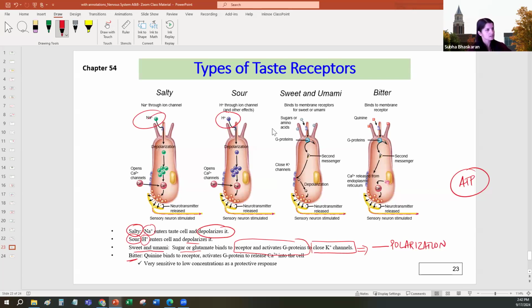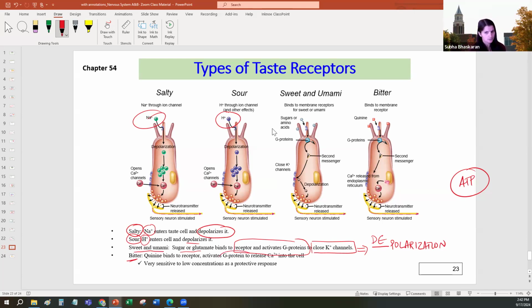Closing K plus, so it'll depolarize. Got it? Remember, K plus stays put inside. K plus cation is inside, so it is depolarization. Yes or no? Okay, so that's why closing what ion channel is important, and opening what ion channel is important.